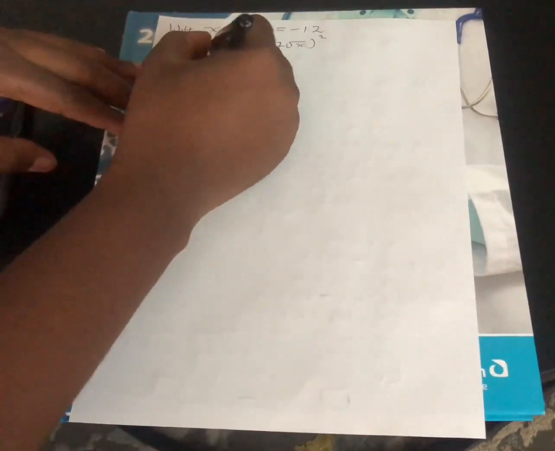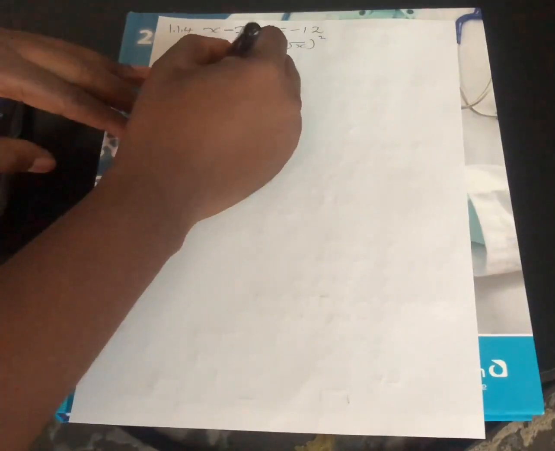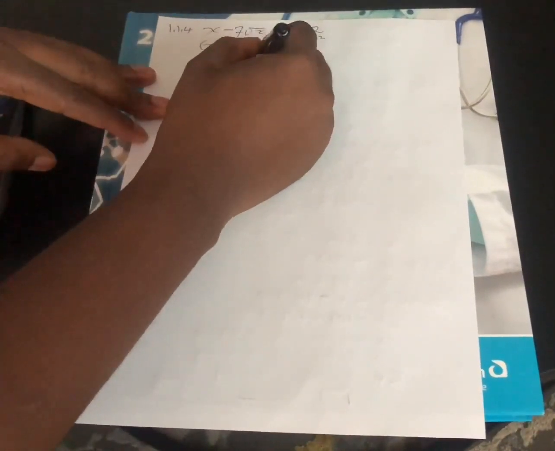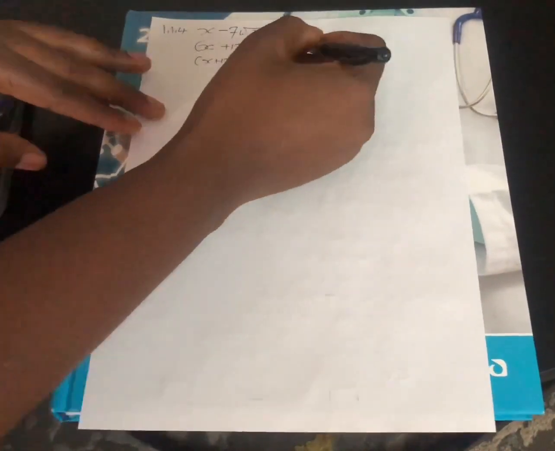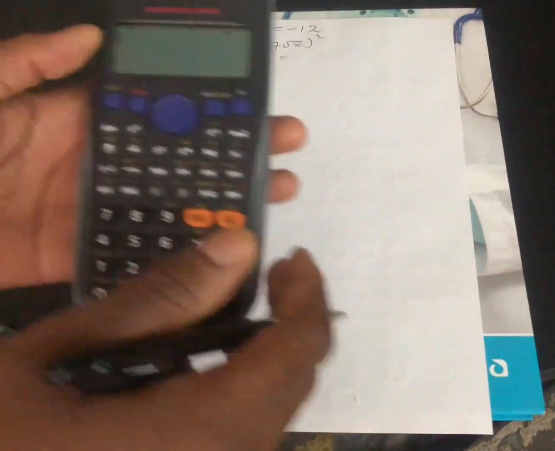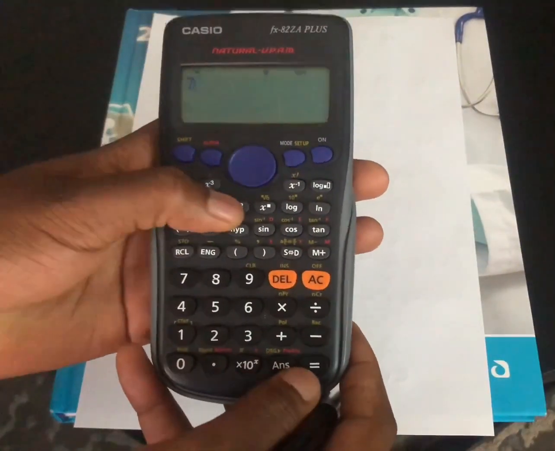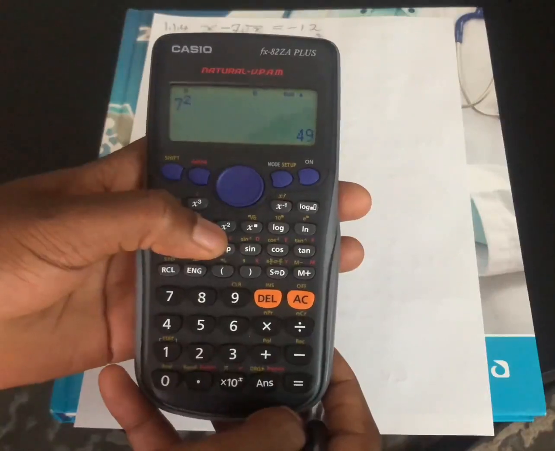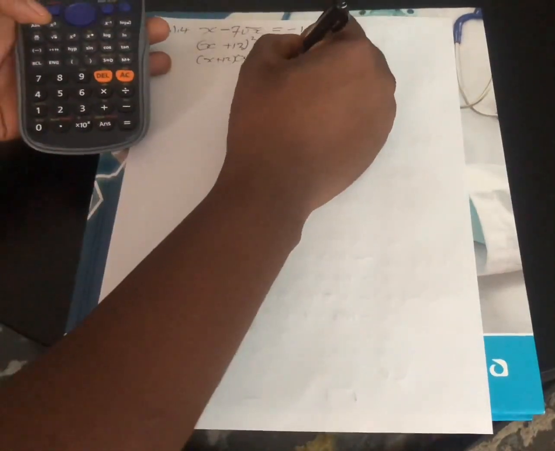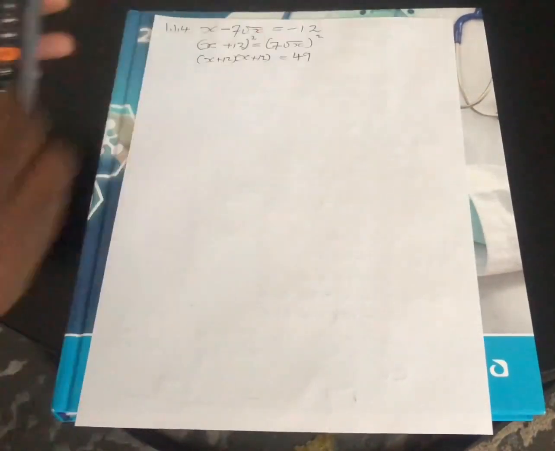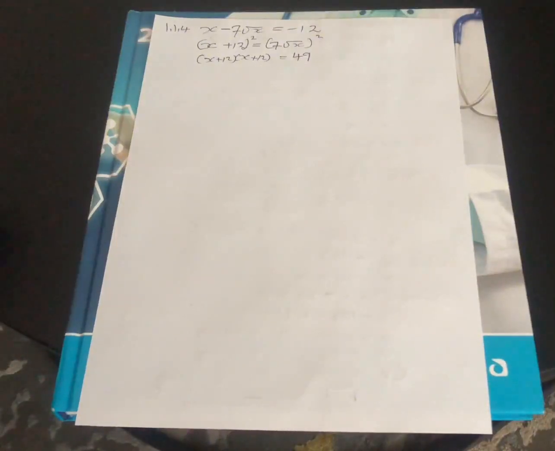So this side, we are going to have x plus 12 squared. The other side, we're going to have 7 squared, which is 49. And then the square root of x squared is going to be x.